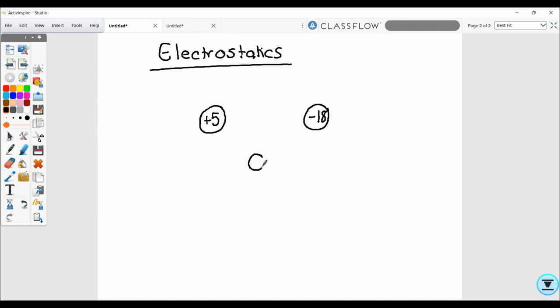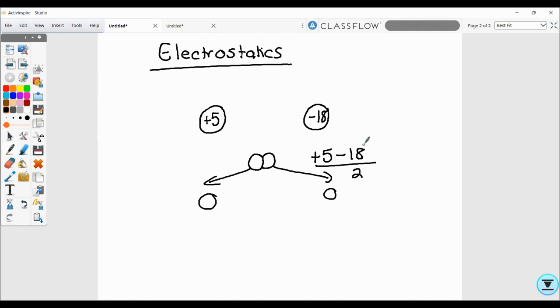When they touch, what do they do? They share the charge. So it's going to be plus 5 minus 18. But then when they split up, they're going to divide that charge in 2. So you're going to divide it by 2.